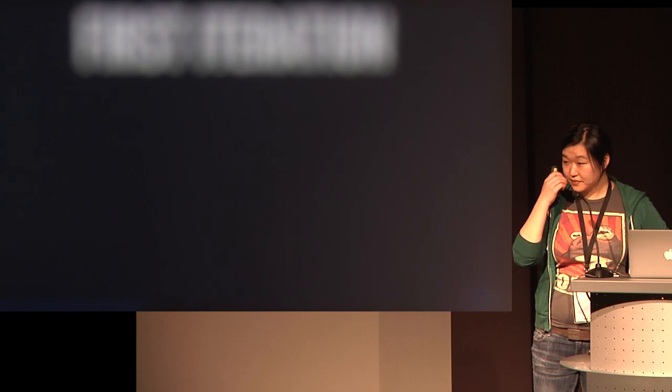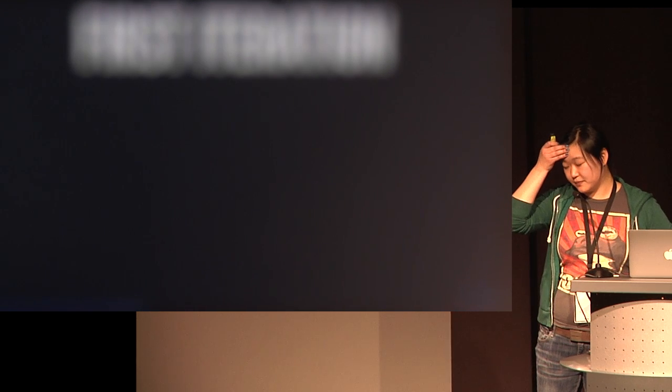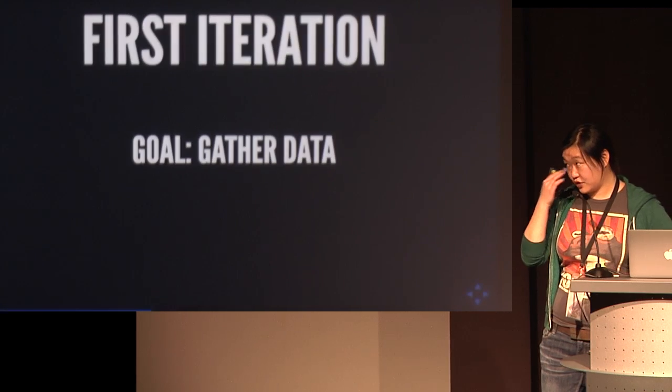First iteration. First, I was basically trying to find out what it is that I actually want to do. What is it that I want to teach my machine, or what is the first step I need to do right now? The first step, I thought, sure, gather data.